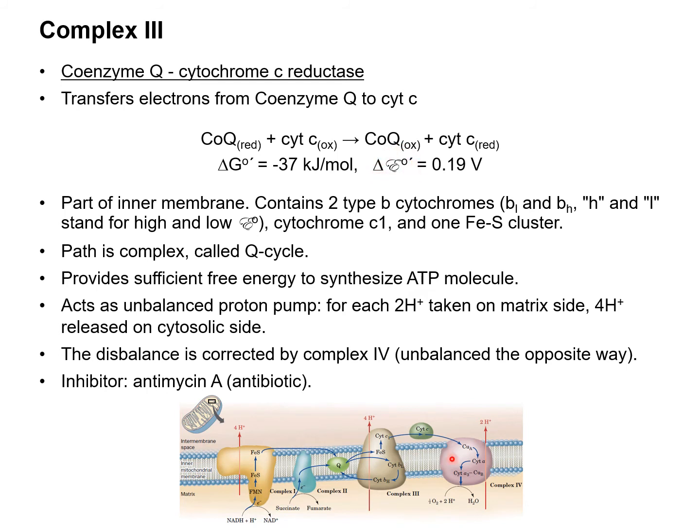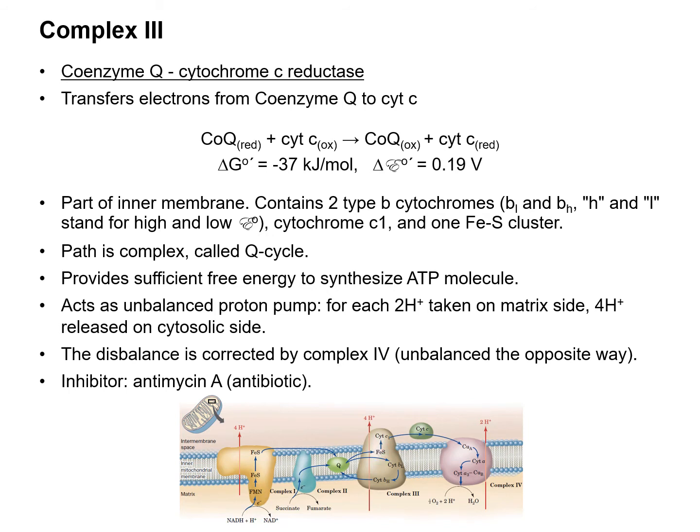It's part of the inner membrane of the mitochondria, and it contains two type B cytochromes, BL and BH, where H is for the high and L is for the low E naught value, and also it contains cytochrome C1 and one iron sulfur cluster.